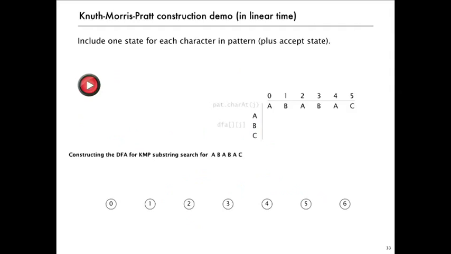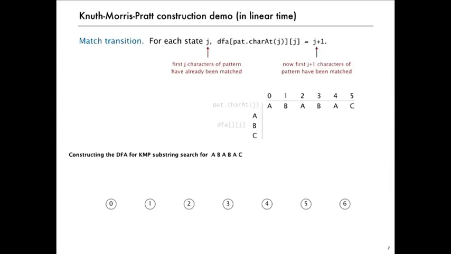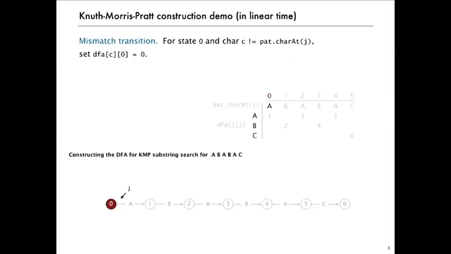So let's take a look at a demo that does the full construction for the KMP DFA. So here goes. Again, 1 state for every character plus an accept state. Match transitions are easy. We build those, and we're going to start at position 0.